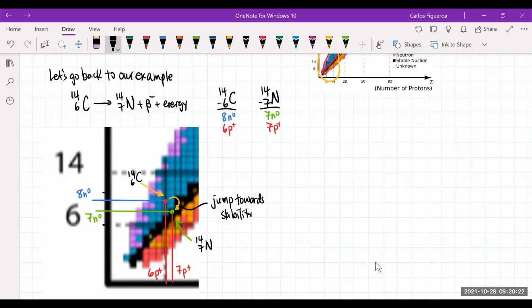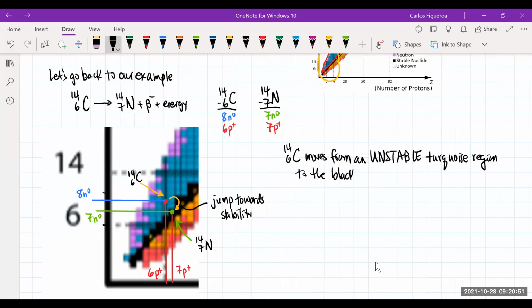Towards stability. So what we're saying here is that carbon-14 moves from an unstable turquoise region to the black line of stability.